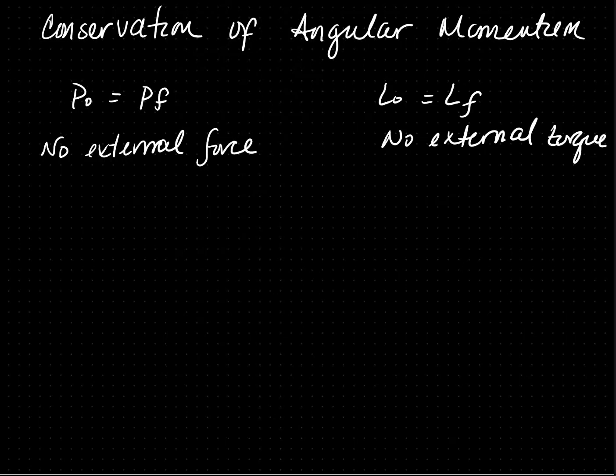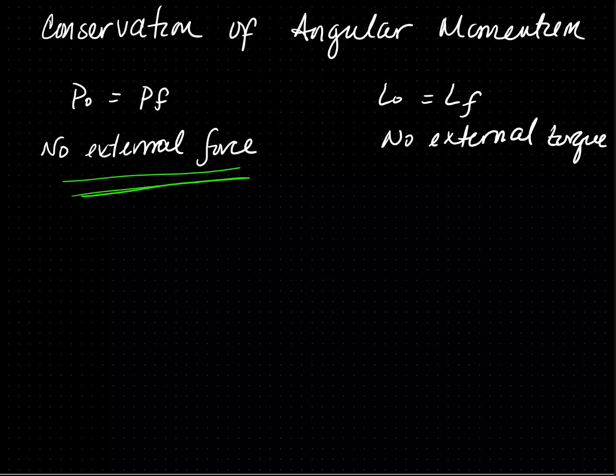So we also learned that momentum can be conserved. In linear momentum, P initial equals P final if there is no external force. And we derived the momentum equation from Newton's second law. This is also true for angular momentum.